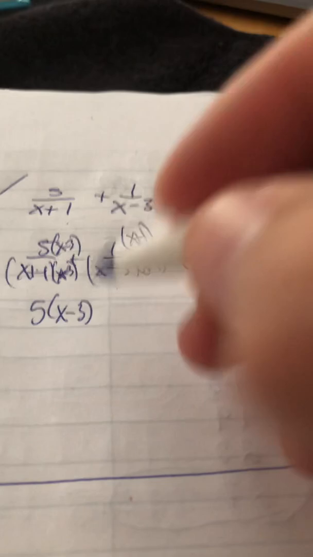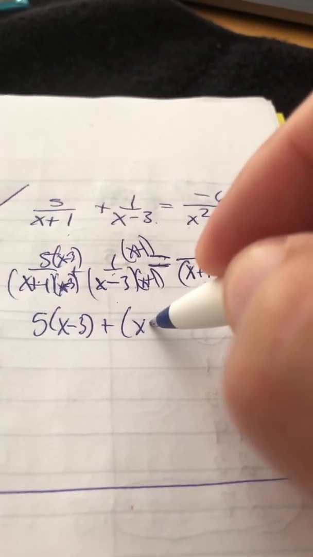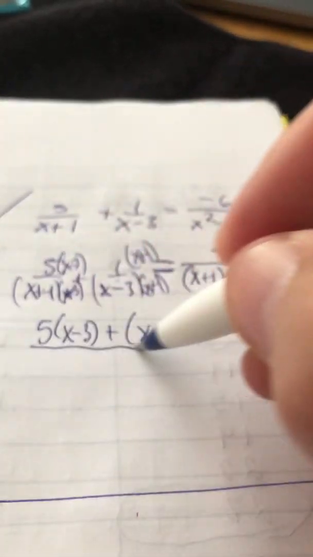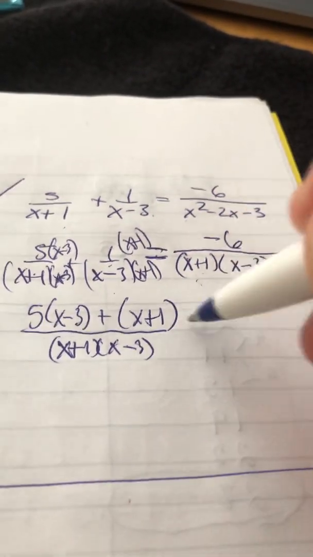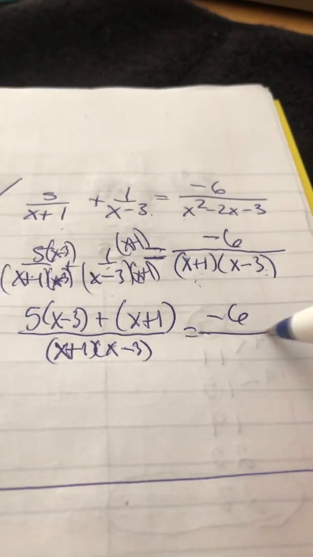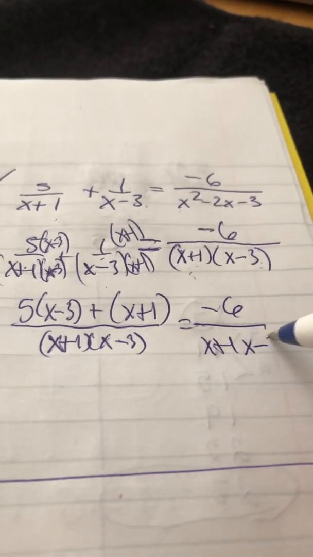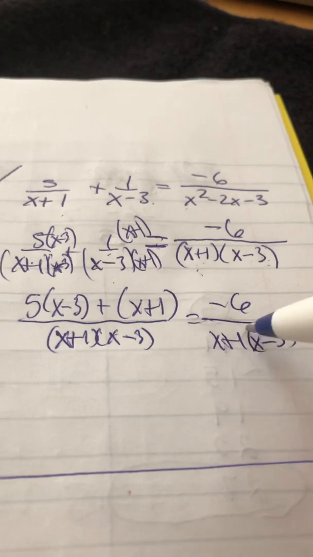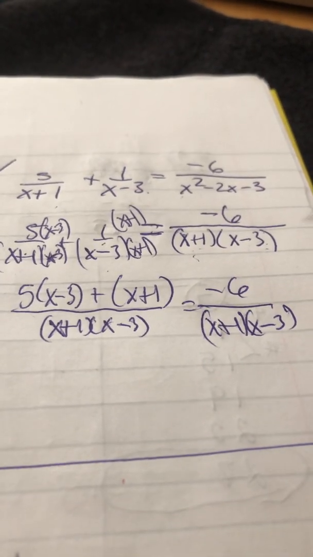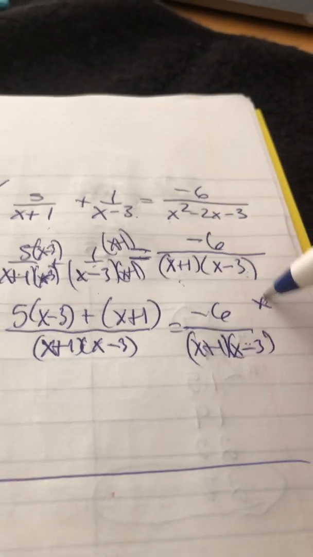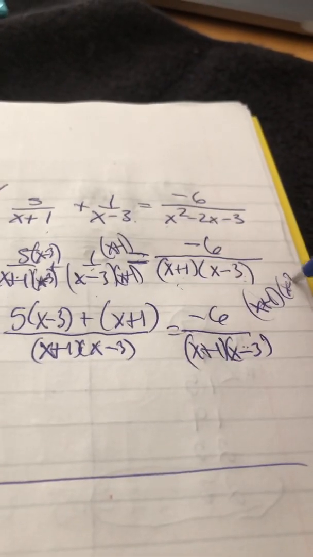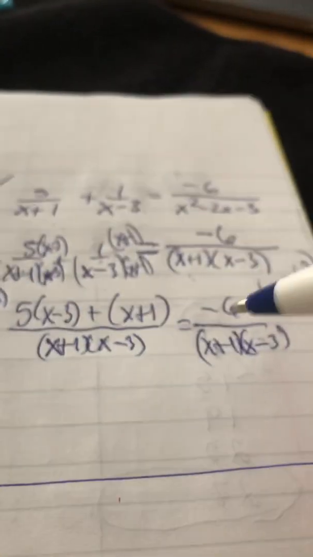So I have 5 times x minus 3 plus 1 times x plus 1, or just writing x plus 1. And then I have x plus 1, x minus 3 is equal to negative 6, x plus 1, x minus 3. Well, I can multiply both sides of the equation by this. So x plus 1, x minus 3, x plus 1, x minus 3, and they cancel.